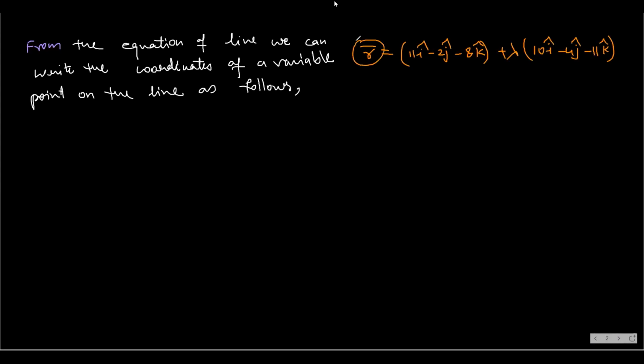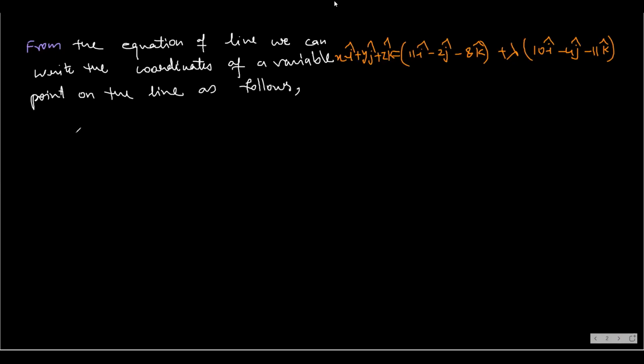And what is r bar, students? You can replace this r bar by x i cap plus y j cap plus z k cap, where x, y, z represents a variable point on the line.